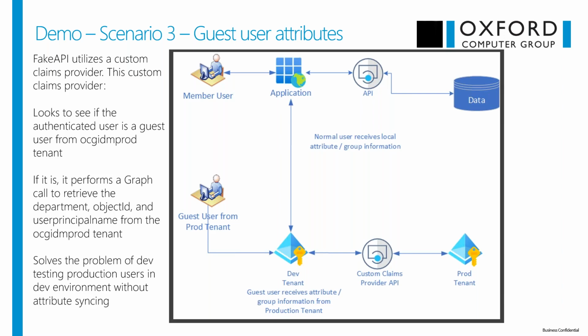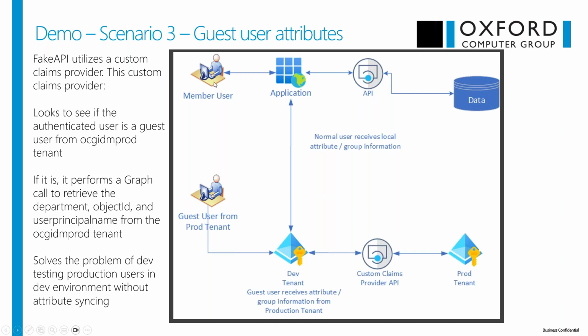And in some organizations I work with, that's what they've done, but they've had the problem of, okay, you've created this guest user that represents your production user, but I want to make sure those attributes match up, that they're in the right department or whatever, and they have to create some type of synchronization service between their prod tenant and their development tenant in order to populate that development environment so they can model their APIs. Well, what I've done here is created a situation where you don't need to do the synchronization.